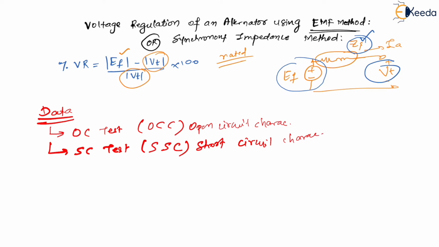Then the third thing we need is the value of RA. Why? Because in this ZS you definitely have resistance as well as reactance. We have already seen that the X by R ratio in an alternator is very, very high, which means the resistance value is very, very small, but you can definitely find it through experiments easily.